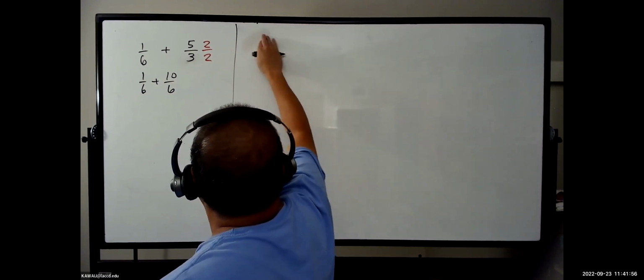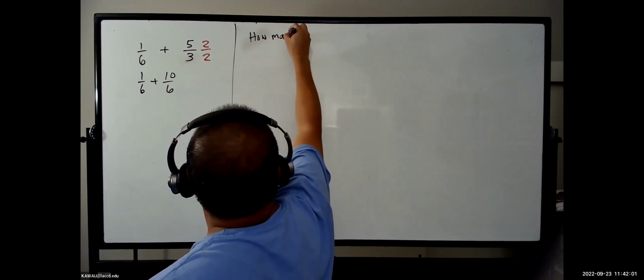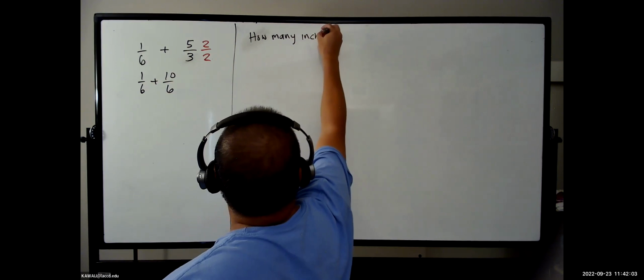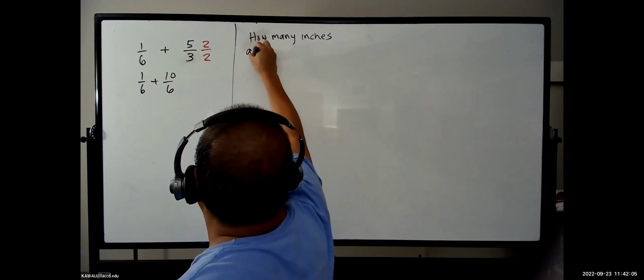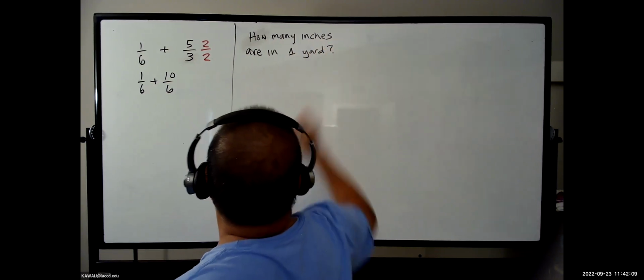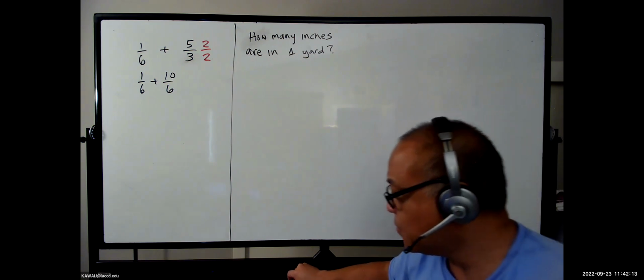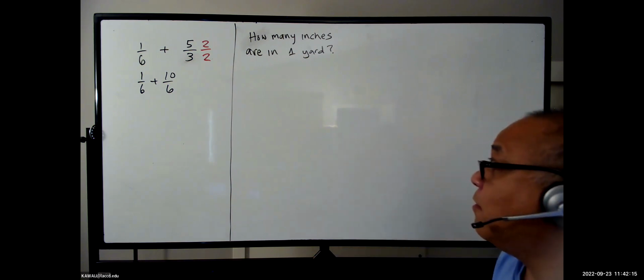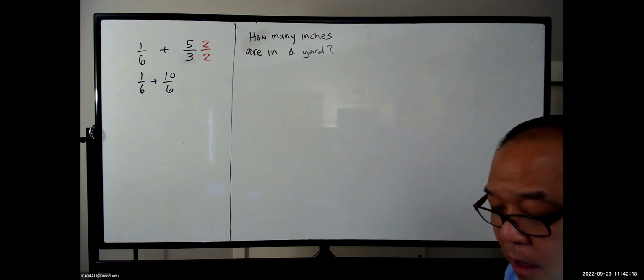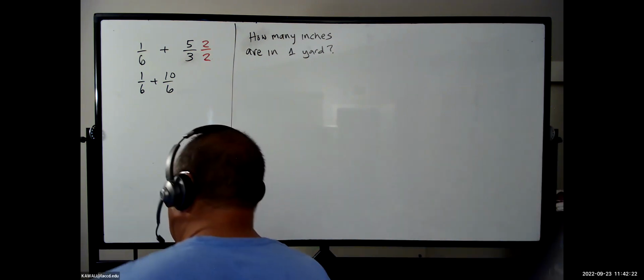So when we do this kind of thing, let's do one that's, how many inches are in 1 yard? Ninety something. I don't know. Let's see. Okay. Now I want you to see that there's a couple relationships.